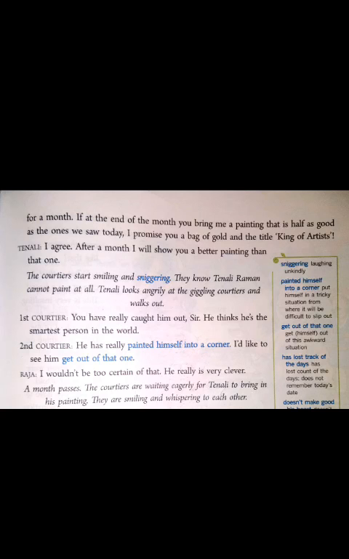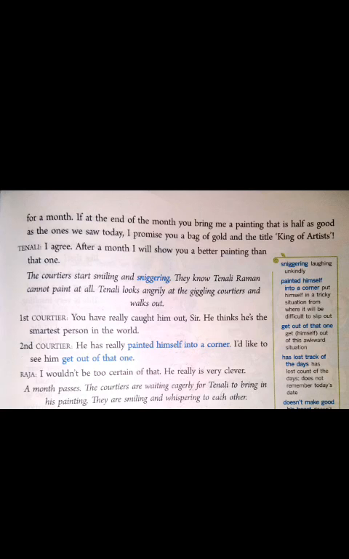Now, these courtiers were jealous. So one of the courtiers said to Raja, you have made a wonderful bet, Raja. Tenali thinks he is the smartest person in the world, while the second courtier wanted Tenali to get out of this situation.